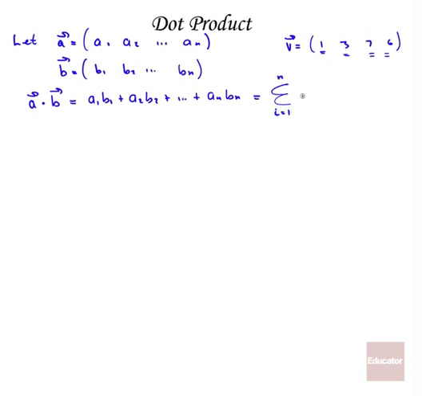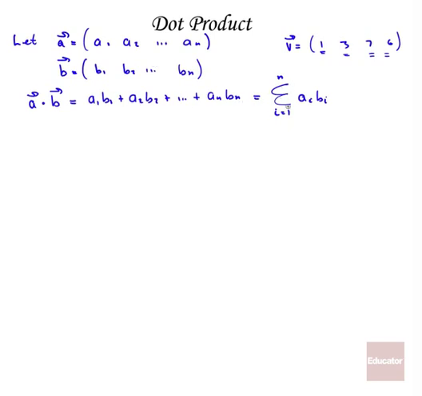If you haven't seen it, I'm sure you have, but I know that you don't deal with it all too often. So if the vector A is composed of A1 through An, B is the list B1 through Bn, the dot product A dot B is equal to the product of the corresponding entries added together. So when I add these together, I end up with a number. So the dot product of two vectors gives me a scalar. It gives me a number. So I just add them all up.